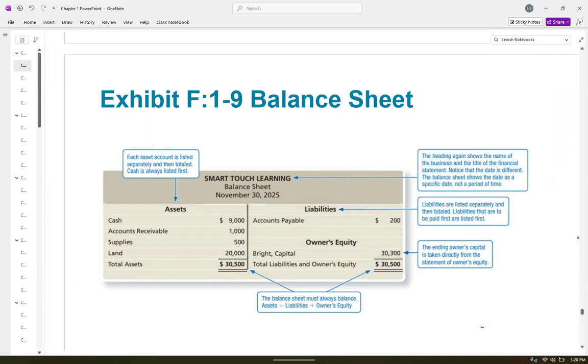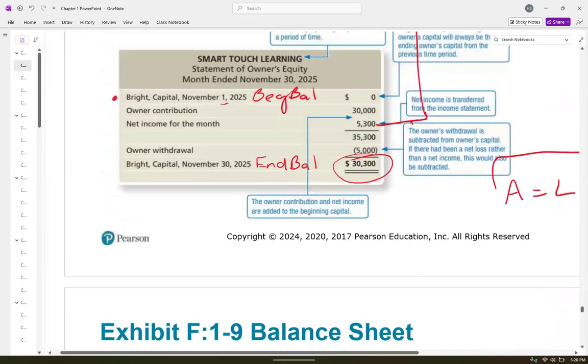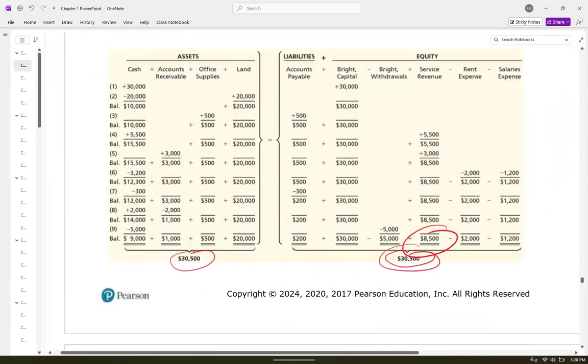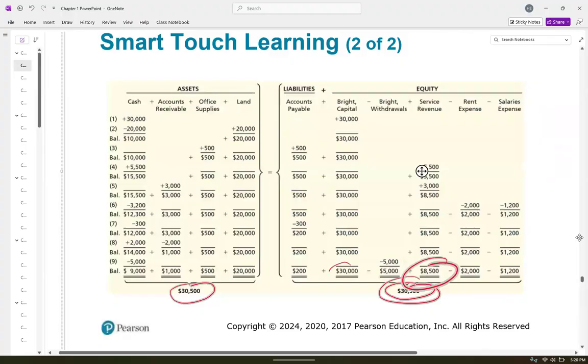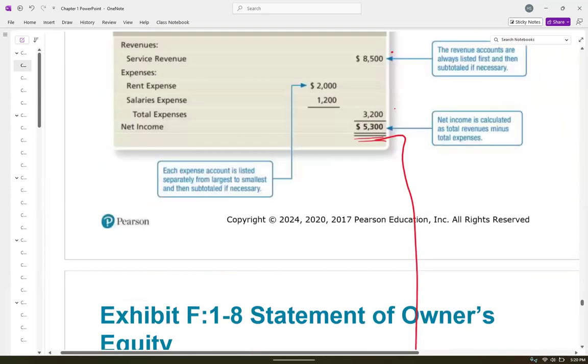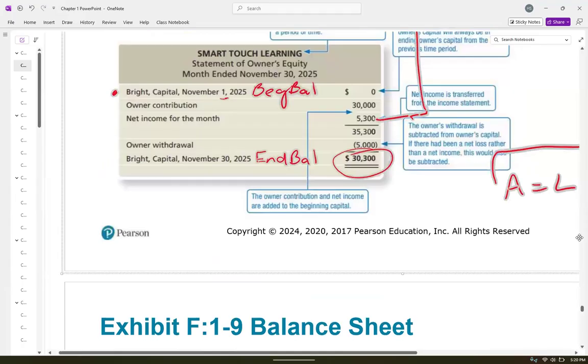Okay. So a lot of students will try to go up here and grab that number. This will be the last time I scroll up there. They'll want to grab this number right here for capital, but that's not correct because we did that statement of owner's equity prior to the balance sheet, and we're going to pull that number.